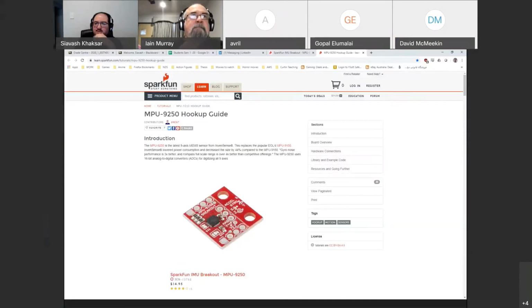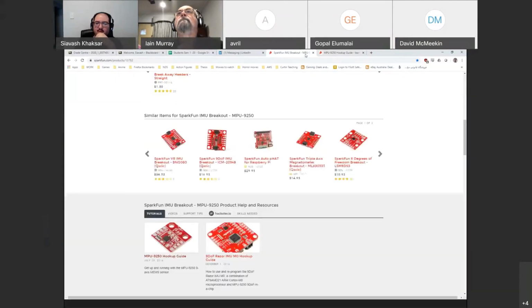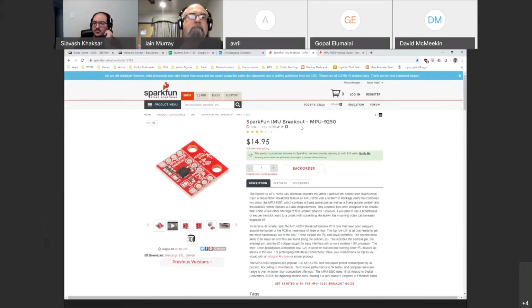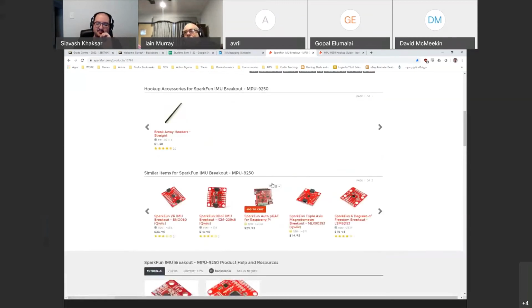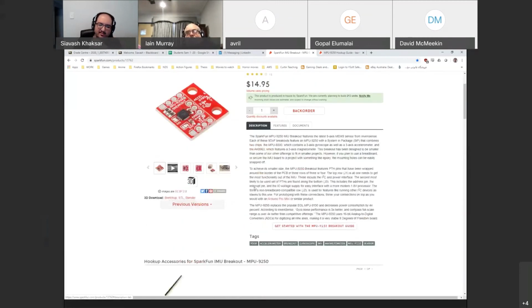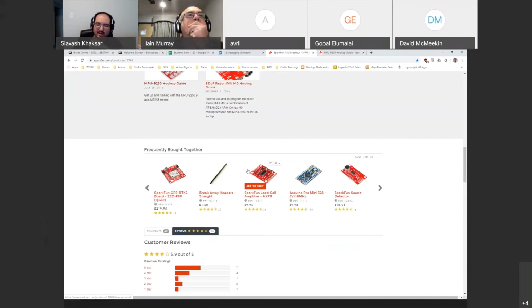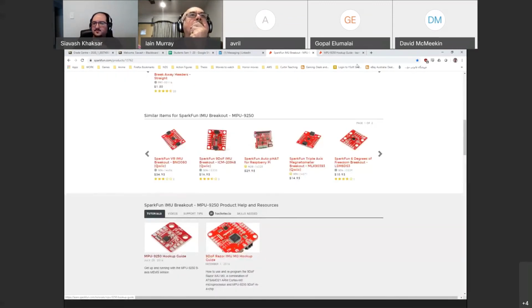So I wanted to show you guys this. Let's say I'm looking for information on a sensor. I look into some of the popular manufacturers, like SparkFun, DFRobot, or something like that. Not to get the device from them, but because with these kinds of hobbyist and sometimes industry-level products that they offer, they come with hookup guides.